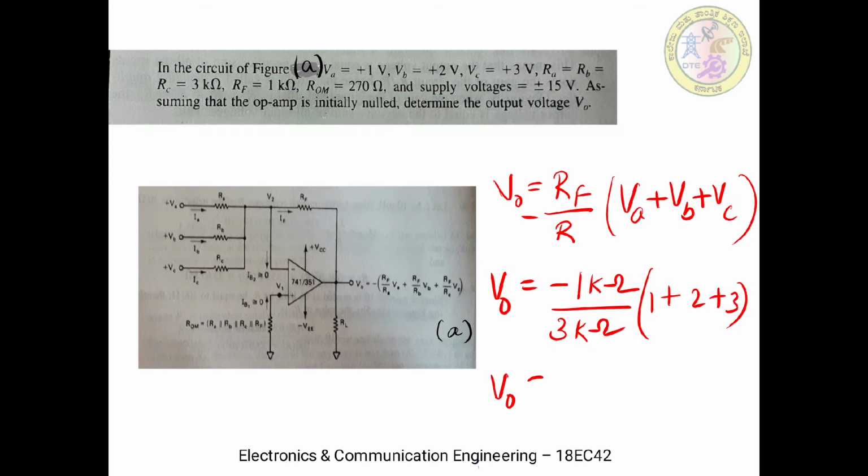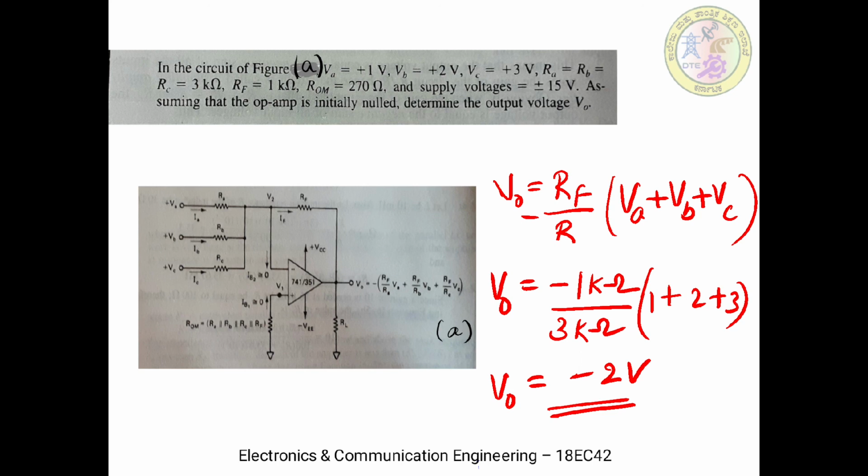So V naught will be equal to 1/3 of the sum, which is 6. Therefore V naught will be equal to minus 2 volts. We only need to identify the configuration in which the circuit is connected, and accordingly make use of its relevant V naught equation.